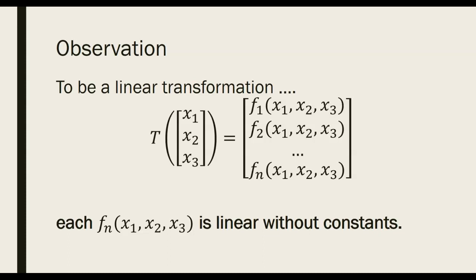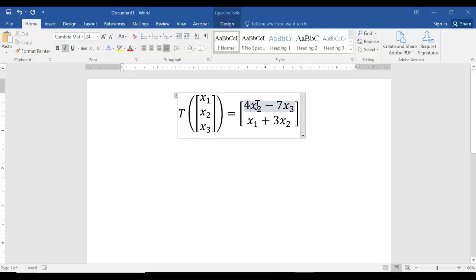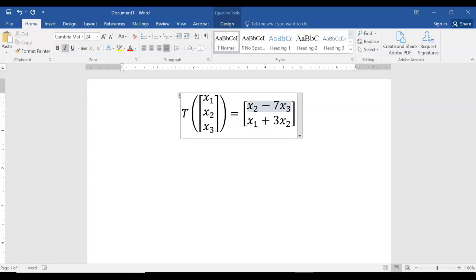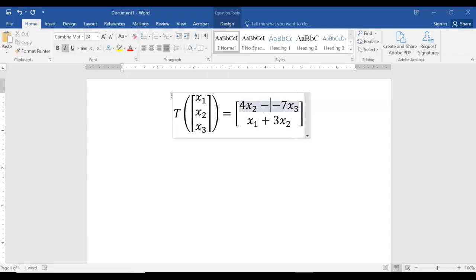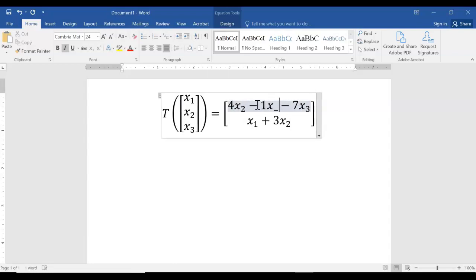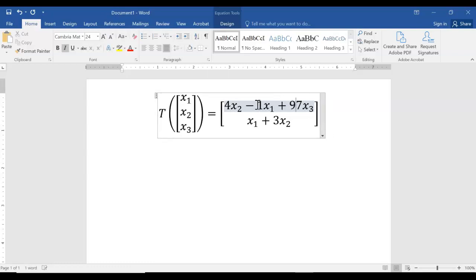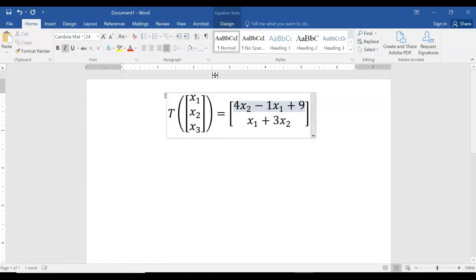So actually, let me write that down real quick. What I'm saying is if you had a transformation and it was 4x2 minus 1x1 plus 9, that plus 9 would not be allowed for a linear transformation.